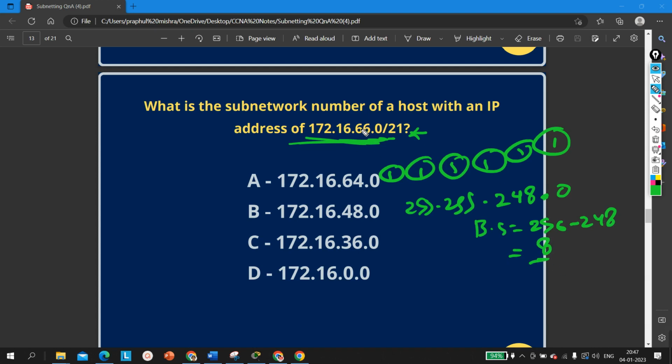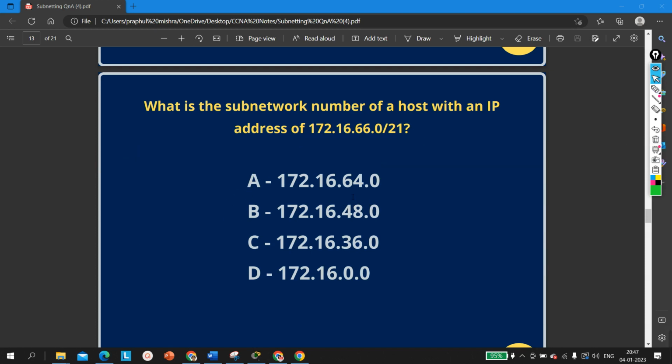So the first network will be 0, then 8, 16, right? So the nearest network will be what? 64. So 64.0, and the next network will be 64 plus 8, 72. 72.0. That means this network will end at 71.0, right? So your network ID is this one. So definitely the right answer to this question is option A.